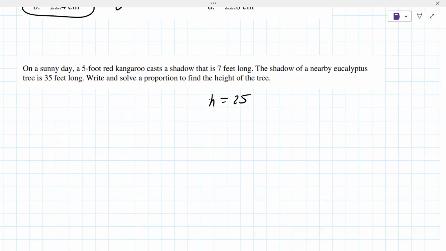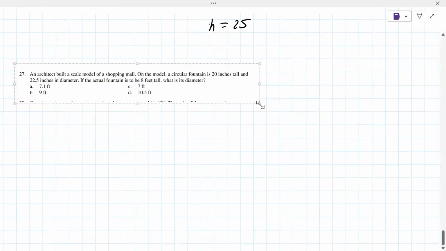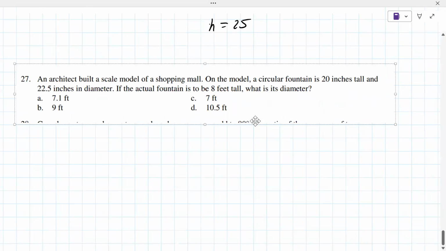Okay, so the other types of problems you will see have a little bit of a conversion in them. They might give you a conversion sheet, but you should know how many inches are in a foot. The correct way to proceed when you write the proportion is, you don't have to convert feet to inches, but the right approach is actually to first convert this to inches and then convert your answer back to feet.